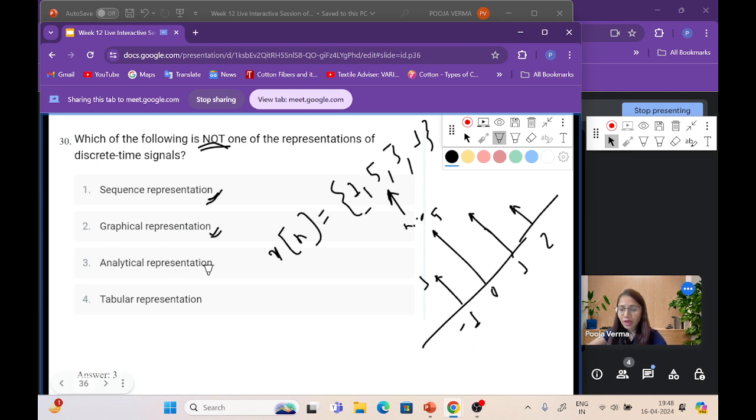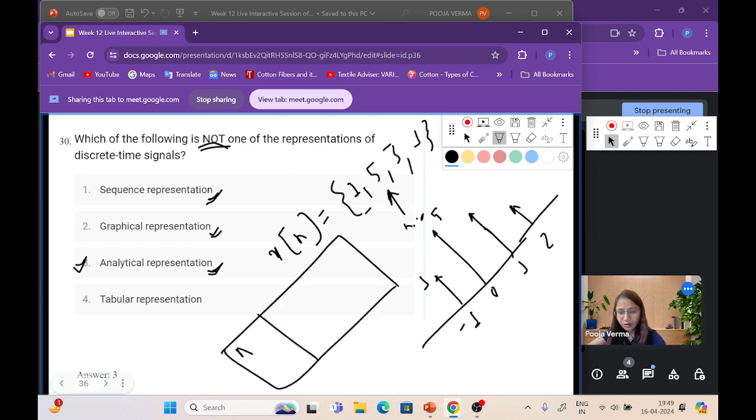Analytical representation is not possible for a discrete time sequence. So option 3 is the correct answer. And tabular representation is also possible. We can represent it in a table with the values of n and x of n: -1, 0, 1, 2, 3, that means 1 5 3 1 2.